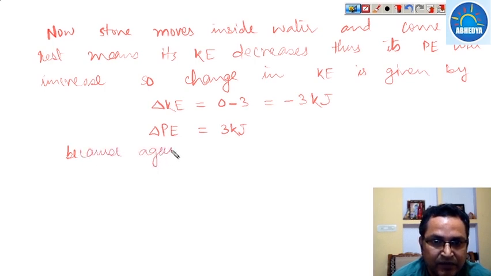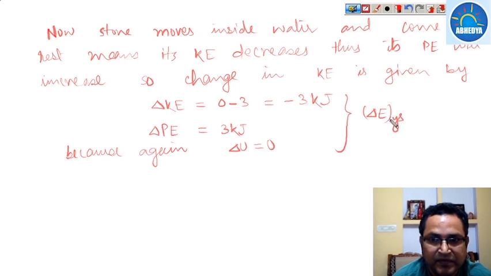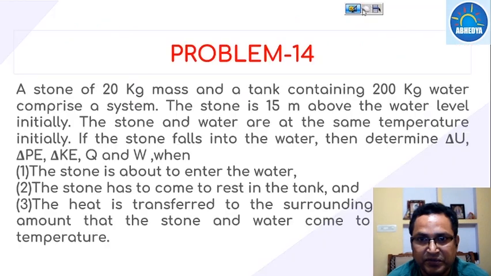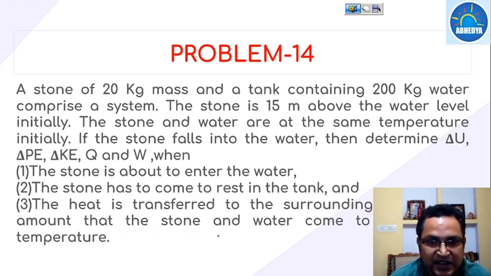because again change in internal energy is equal to 0. So delta E system will always be equal to 0. Now the stone has come to rest. The heat is transferred to the surroundings in such an amount that the stone and water come to their initial temperature.